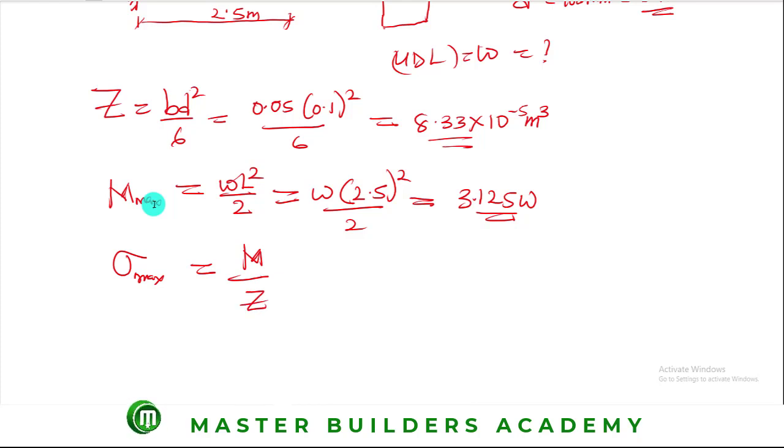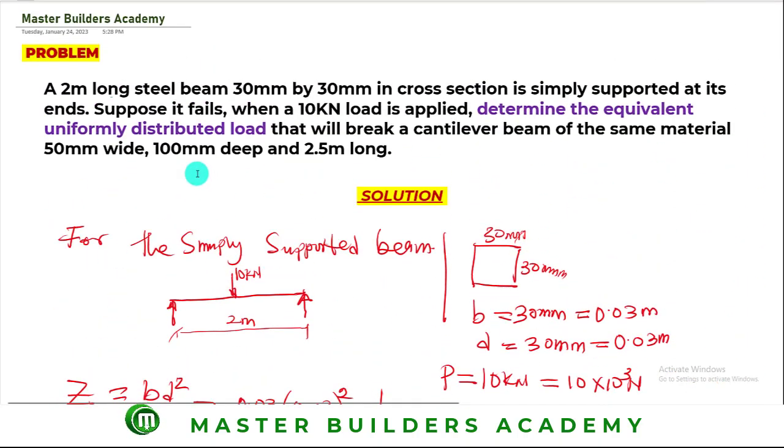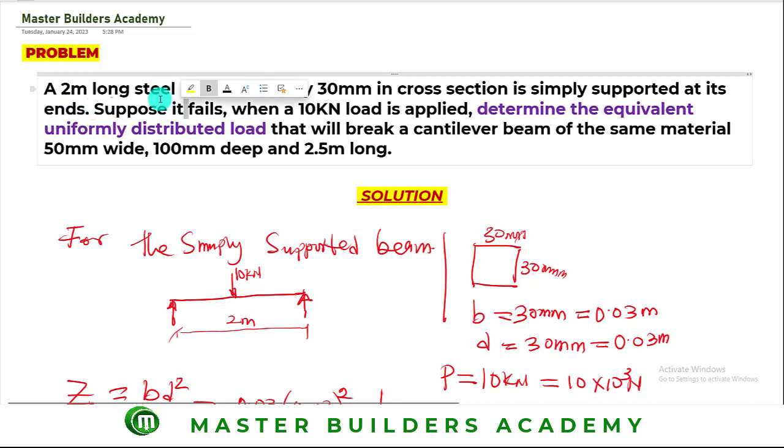Remember that we were told that these materials have the same property. As you can see, the simply supported beam and the cantilever have the same material. So because they have the same material, all you just need to do now is to equate their stresses.